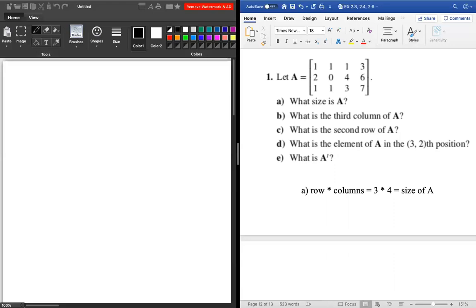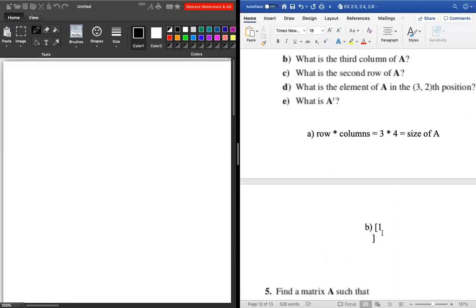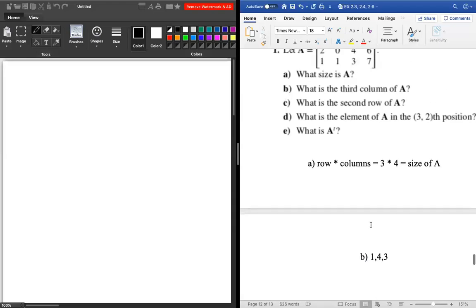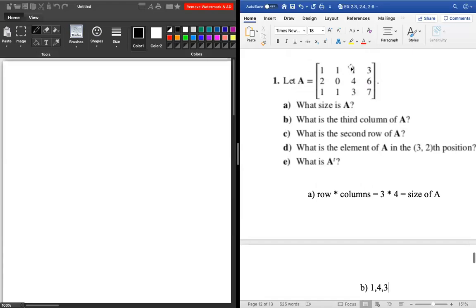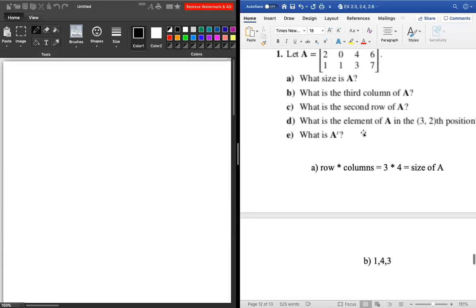Okay, so here we are asked what is the third column of A. So this is 1, 2, 3, so it will be 1, 1, 1, 4, 3. Basically, you are supposed to write it as a single matrix, not like this.